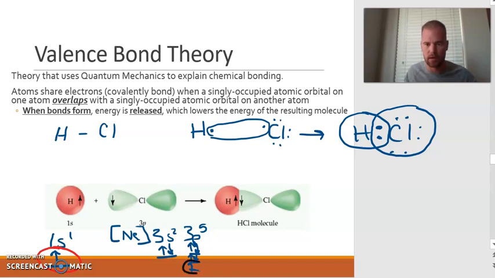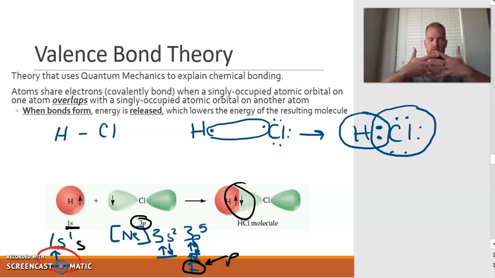Yes, it's right here. I know that might be kind of hard to see, but this orbital right here has that 1 electron. And so the s orbital here for the hydrogen, so notice it says 1s, and the p orbital here for chlorine, which is why it's 3p, that singly occupied orbital on both, they just overlap. And that overlapping of the orbitals is what actually creates that bond.